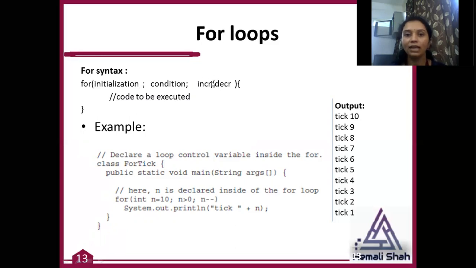After incrementing and decrementing, again it checks the condition. If it becomes true, then it executes the body part. Such that until this condition becomes false, it always executes increment or decrement, then checks the condition. Again executes if the condition becomes true. Again increment, decrement, and again check the condition.